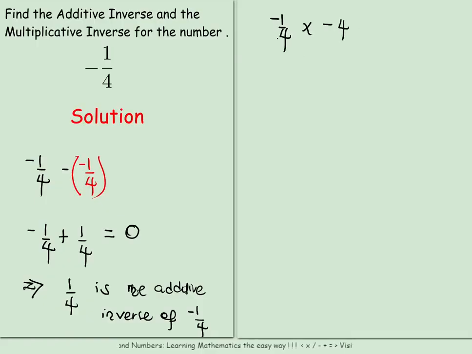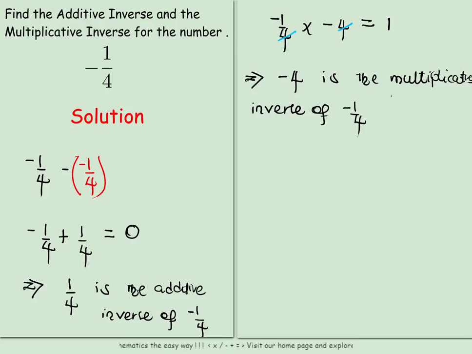So you realize that if we are to multiply these together, the 4 cancels out your 4. And then you have a negative 1 times your negative 1, which will give you what? A 1. You see? So this also does imply that -4 is the multiplicative inverse of your -1/4.